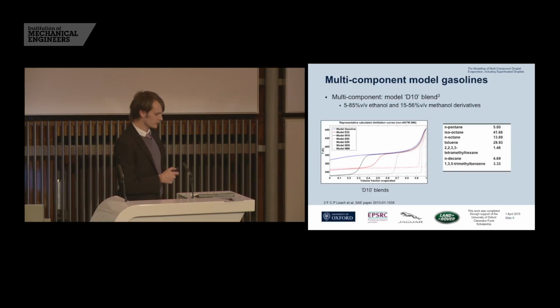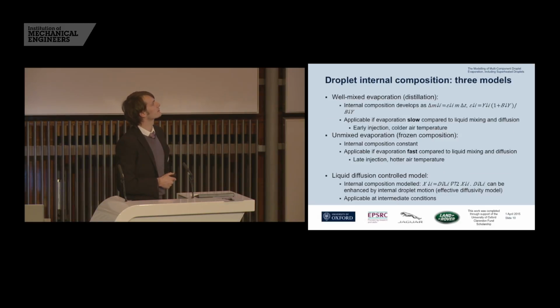Right, so if we've got a multi-component droplet evaporating in our cylinder, there are 3 modes of mixing, of composition evolution within the droplet. The first model could be described as well mixed, that is, the evaporation rate is slow compared to the mixing rate.